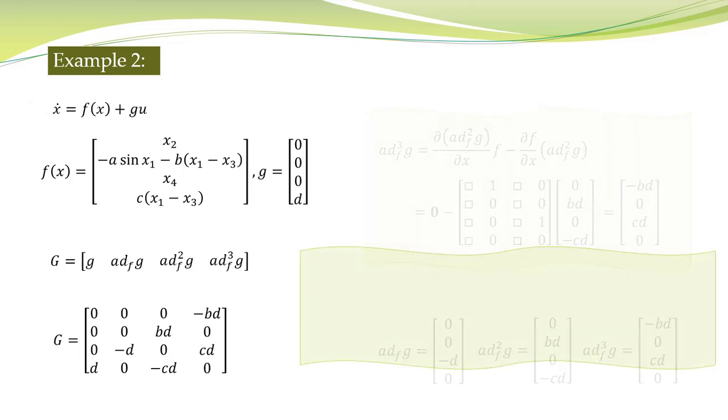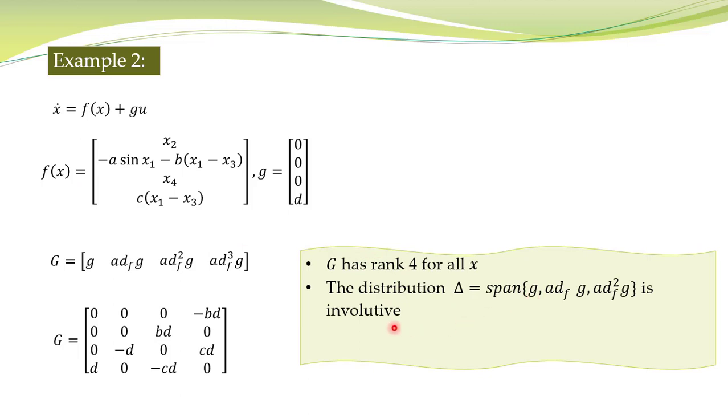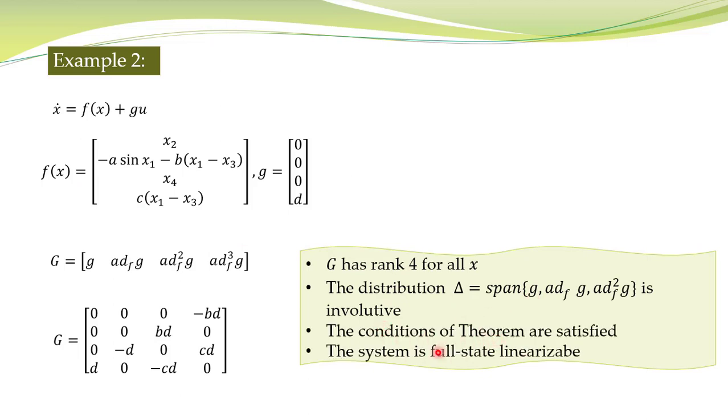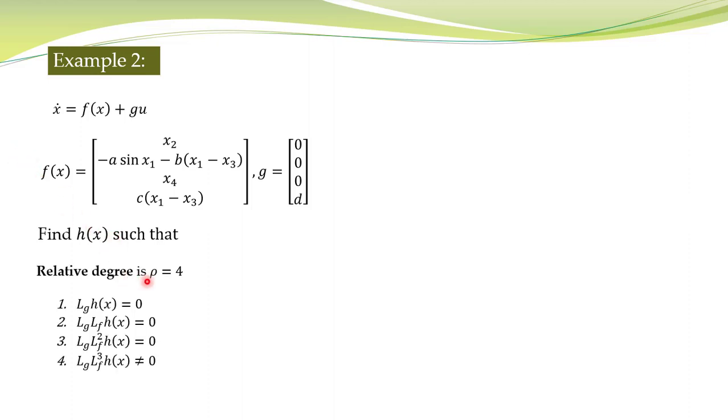So the next step is to find this. So this G has rank 4, the distribution is involutive, and the conditions of the theorem are satisfied, and the system is full state linearizable. So we want to find an h of x, and we know such an h of x will exist for this particular system such that relative degree is equal to 4.